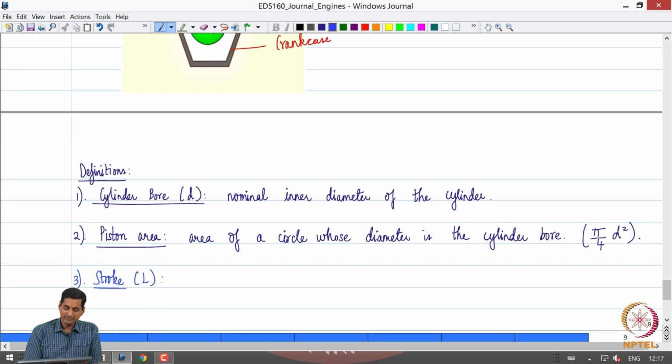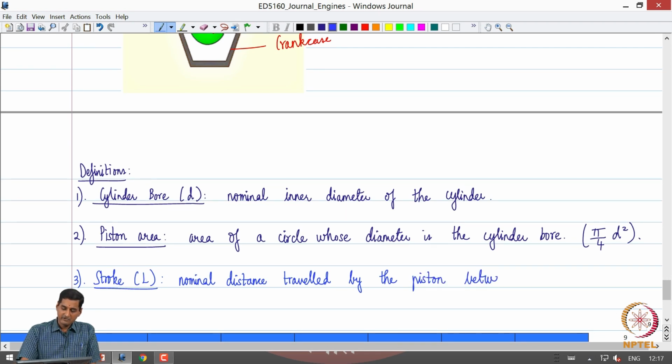Let me indicate it by the parameter L. The piston stroke, or stroke of the piston, is the nominal distance travelled by the piston between two successive reversals in its direction of motion.